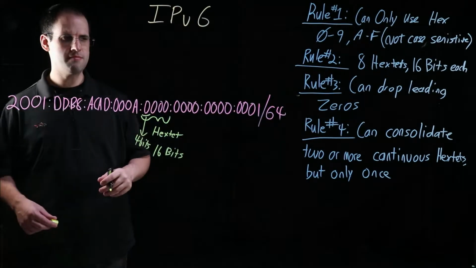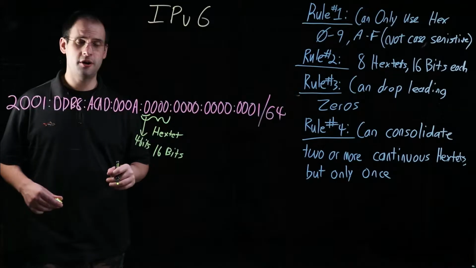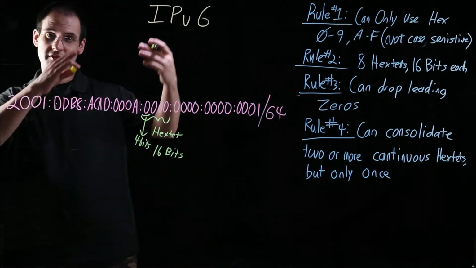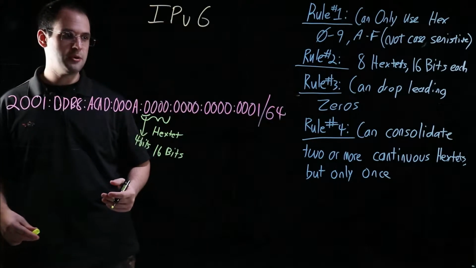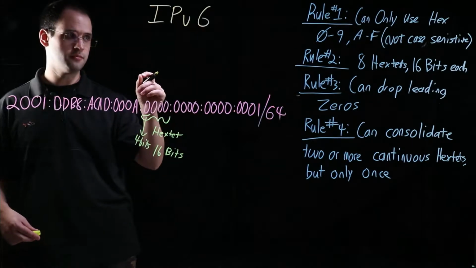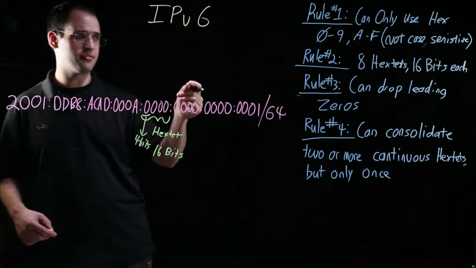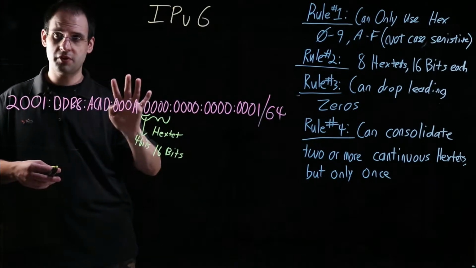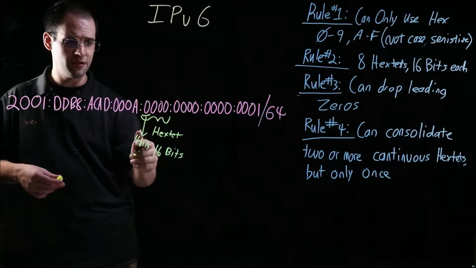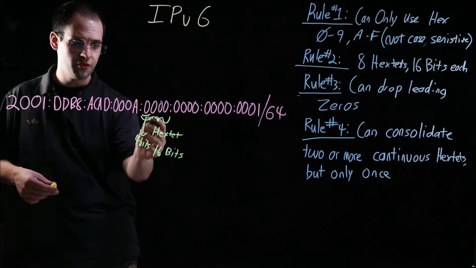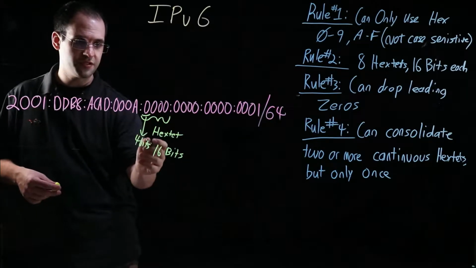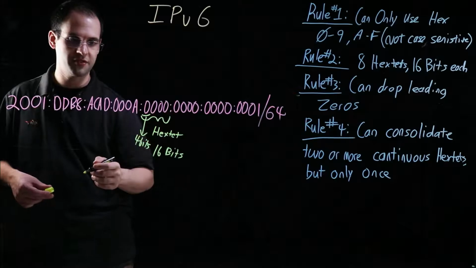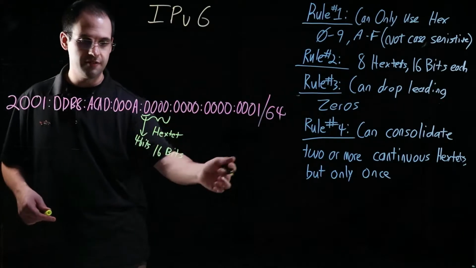Remember, in the prior video when I went over the hex table, we were able to convert each value, 0 through 9 and A through F, into binary using only 4 binary values. So 4, 4, 4, 4, that is 16 bits total per hextet, because I've got 8 of these.